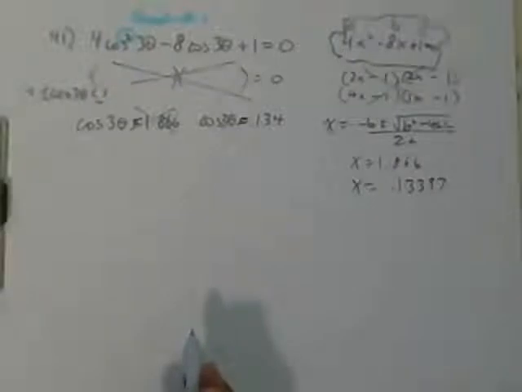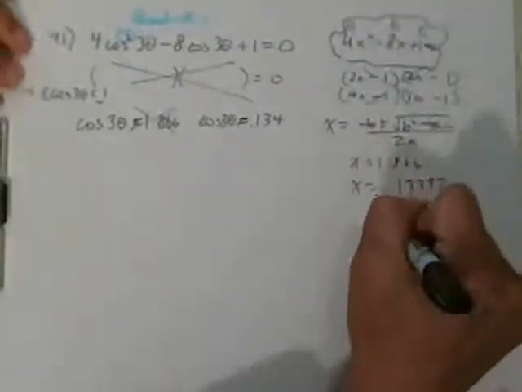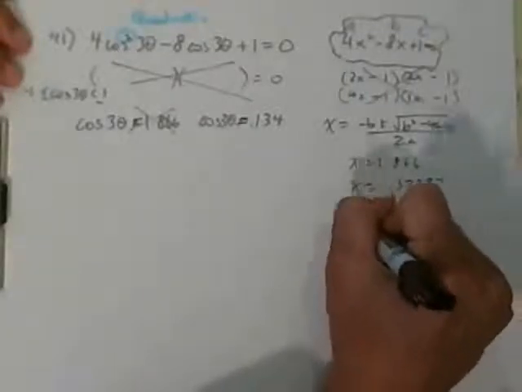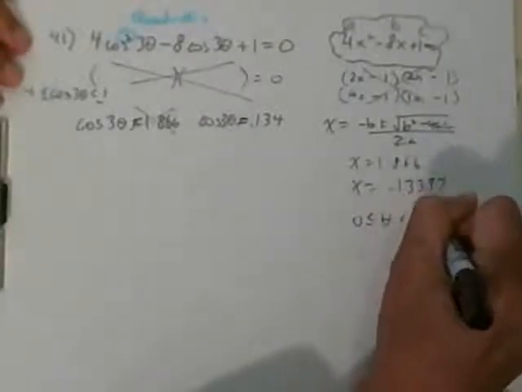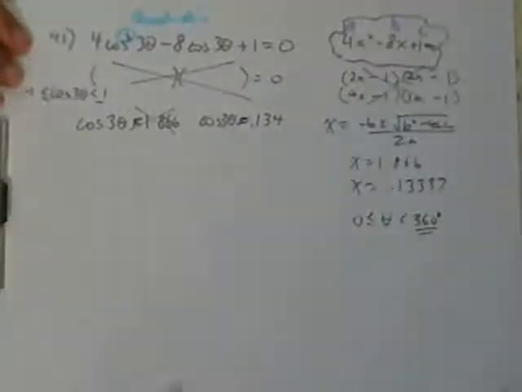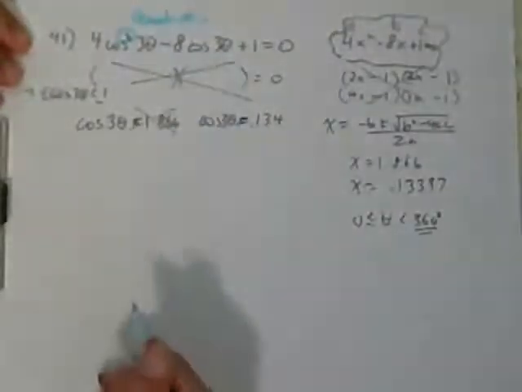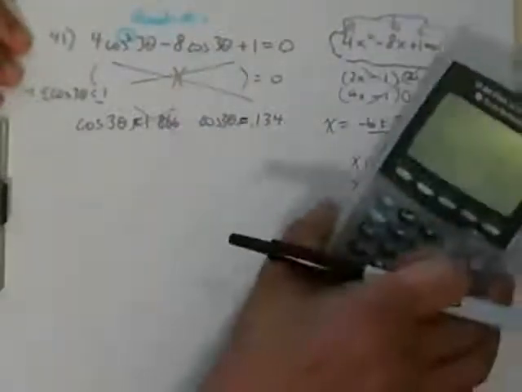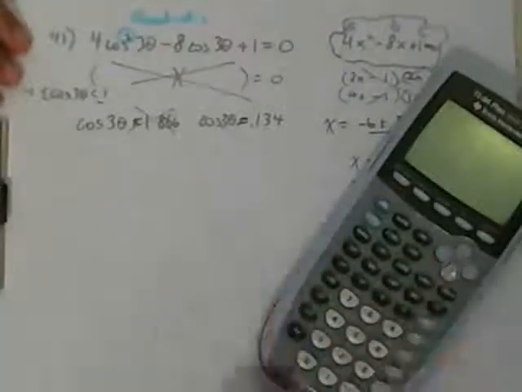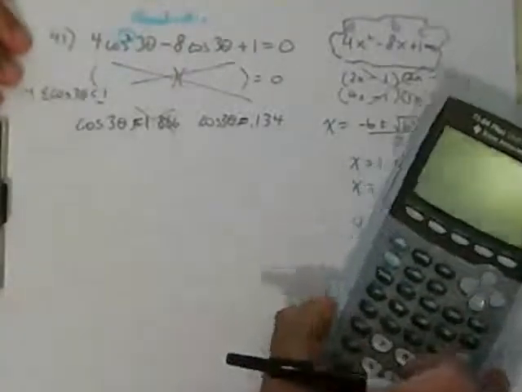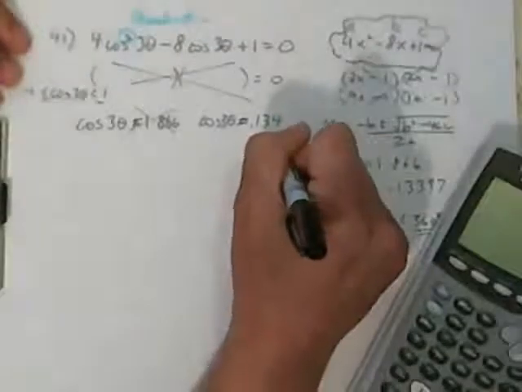Theta is going to be between 0 and 360 degrees. That's our restriction, so it's going to be in degrees. So for 3 theta, I'm going to use my calculator on this one. This is a lot of work. I'm going to find the reference angle first.